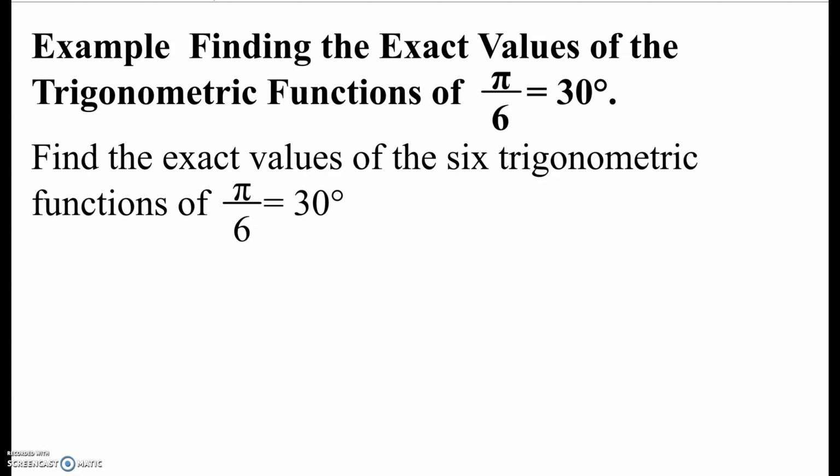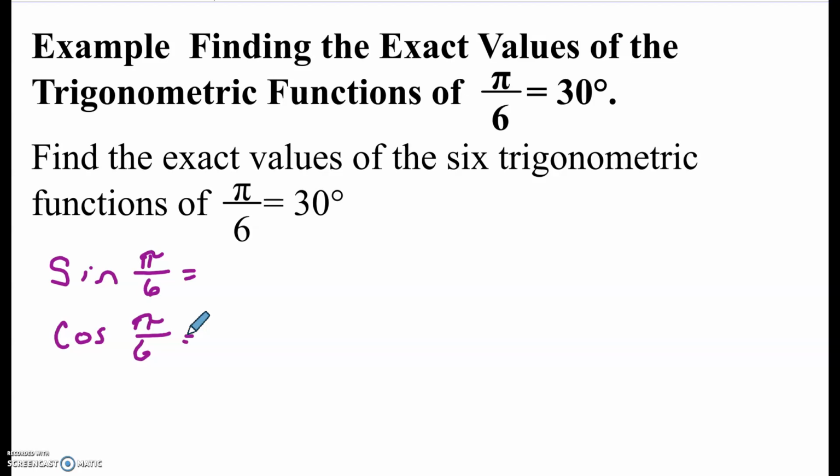The final angle we're going to look at is pi over 6 radians, or 30 degrees. It is extremely similar to 60 degrees, or pi over 3.